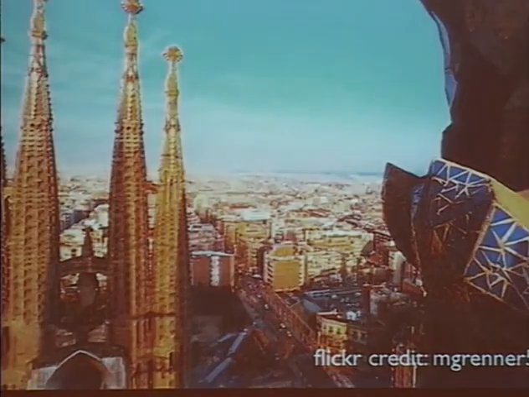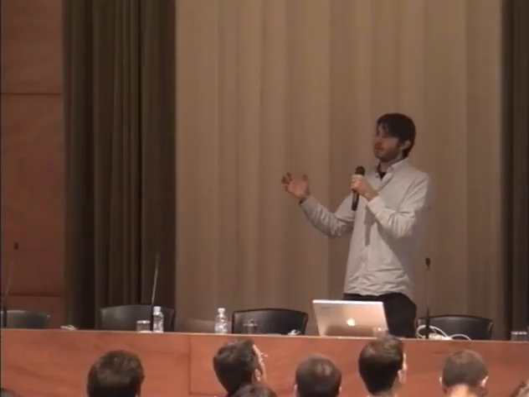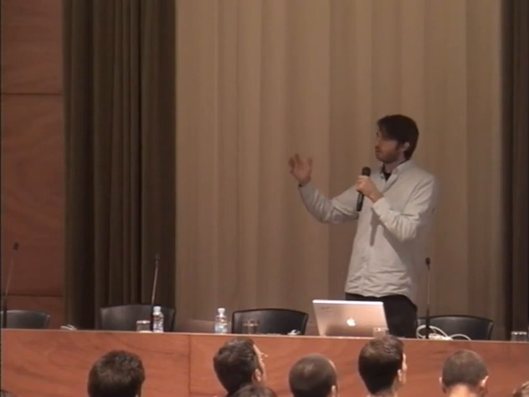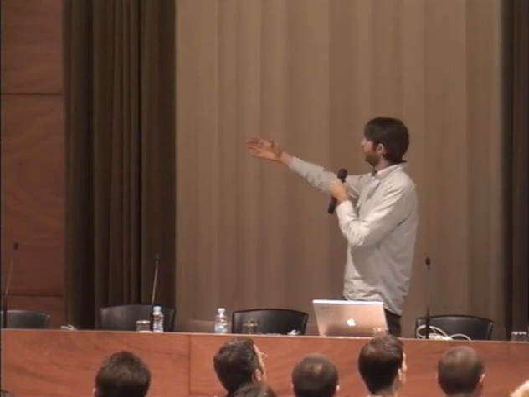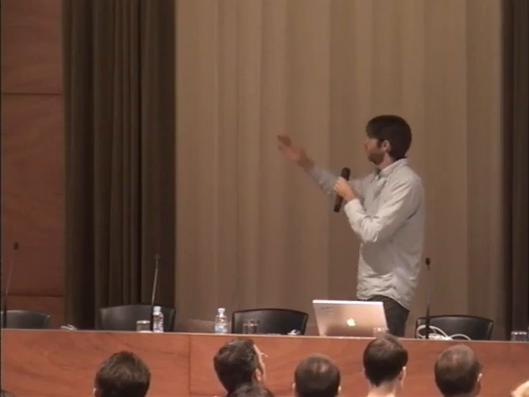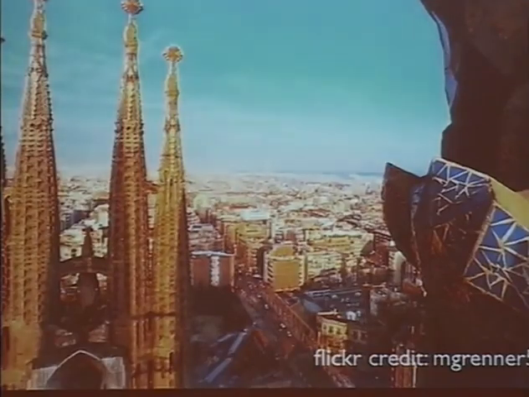Okay, so an important thing to think about is that when you look at this image of Barcelona that I found on Flickr, we see the towers, the city, and the relationships between the objects. We process it visually in a different way than the computer does. To the computer, it looks kind of like this.